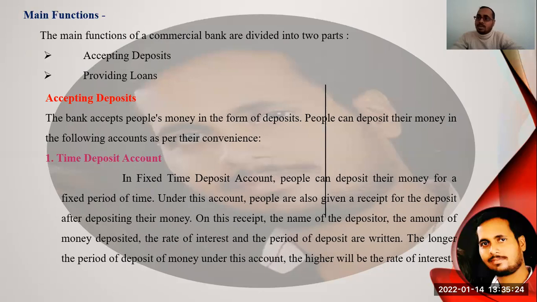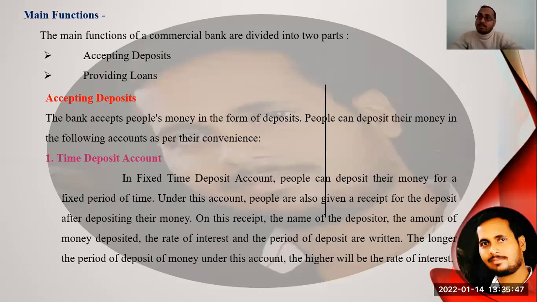So for different kinds of facilities, the bank provides different kinds of accounts. First, students, is the time deposit account. The account where we deposit our money for a fixed period, and after completing that period, we take the deposit back.